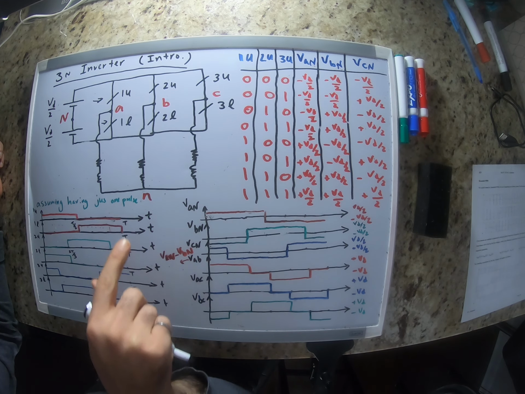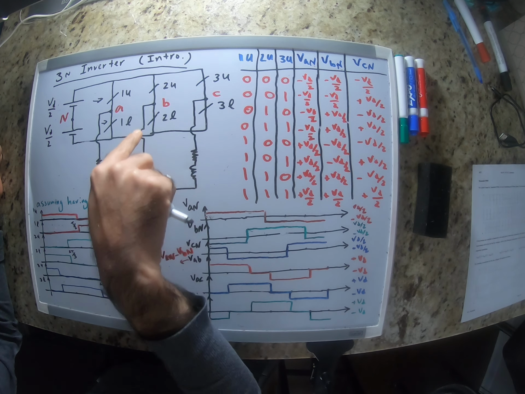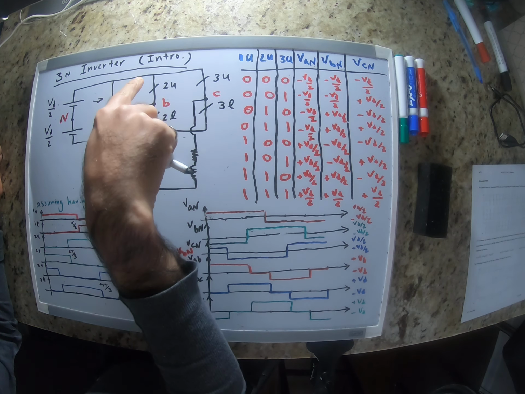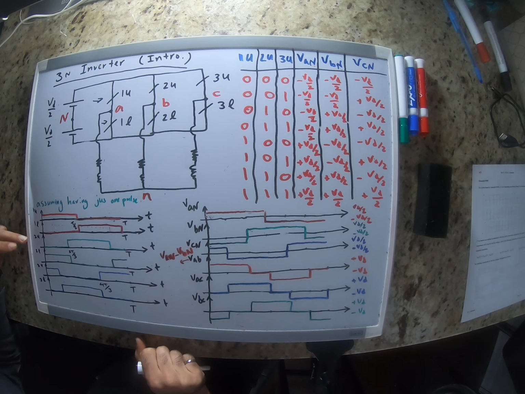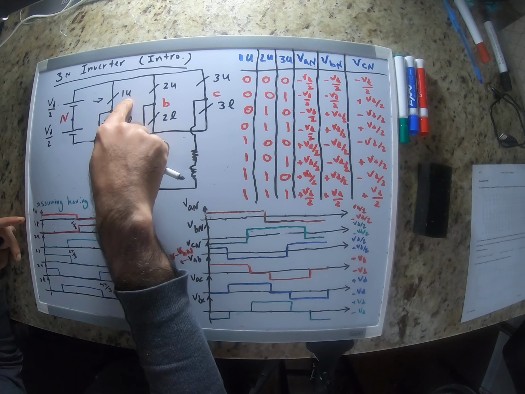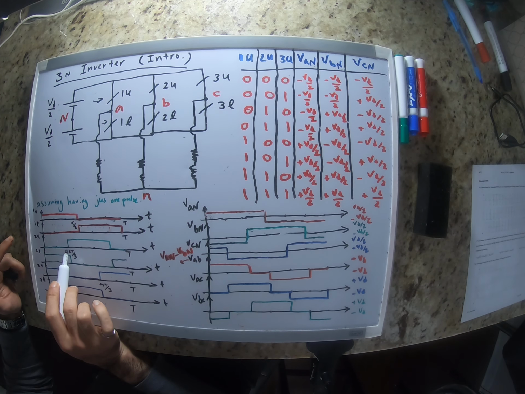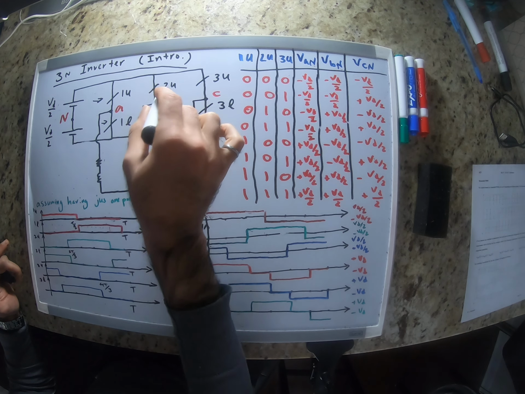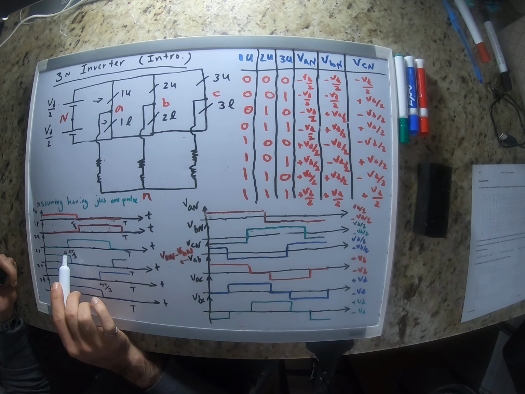Because of that, we fire the switch that belongs to the leg for phase B with 120 degrees phase shift compared to the upper switch of phase A. You see here, we fire this switch at this point, 2T over 3, which is 120 degrees.